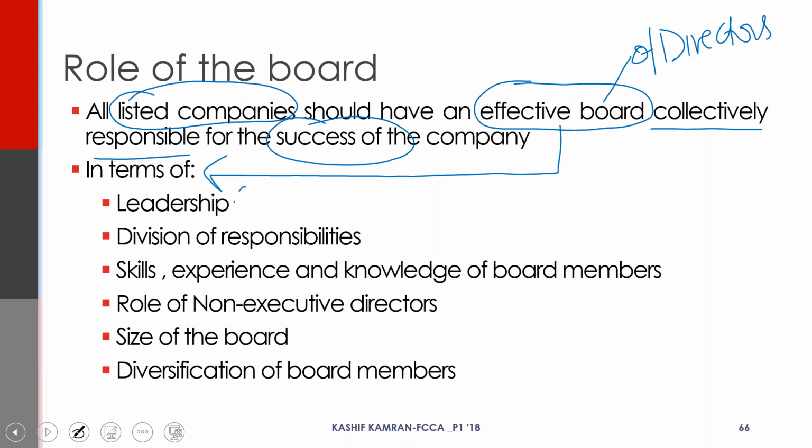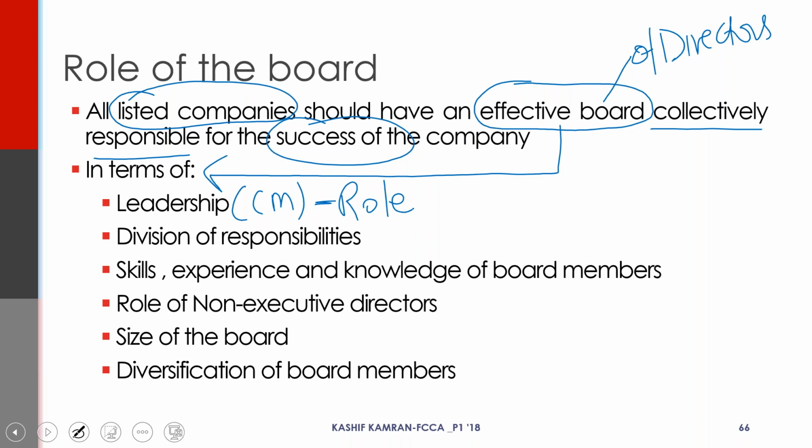The chairman. The chairman is the leader of the board. So the leadership has to be effective, because if the leader is strong, the leader is effective, automatically the board will become effective, right? We will study later what is the role of the chairman. Then only you will realize how important the chairman is in terms of making the board effective.